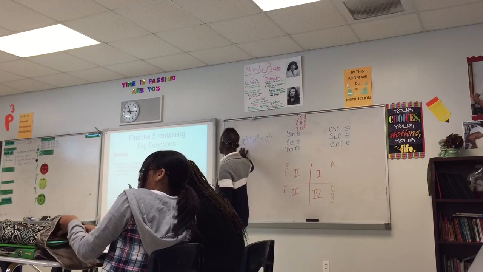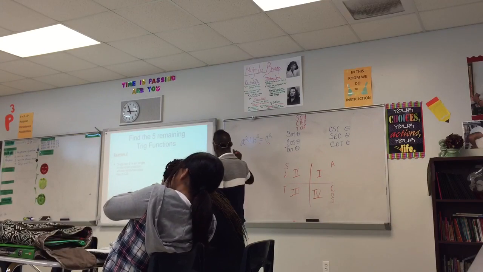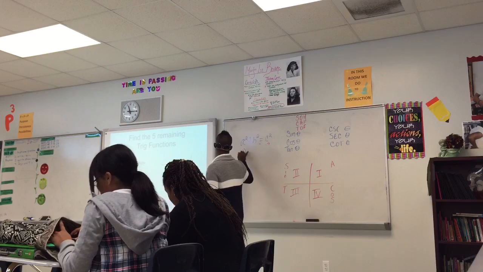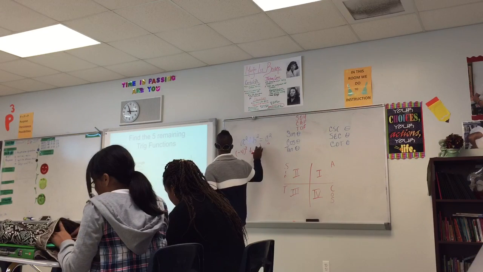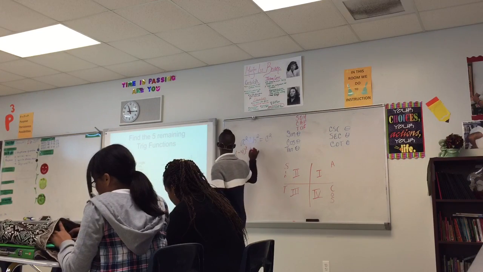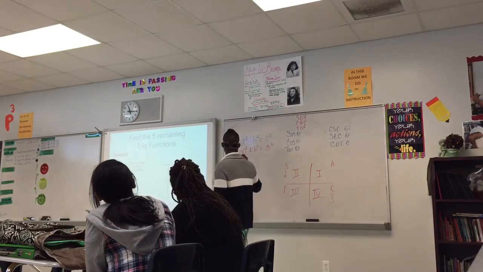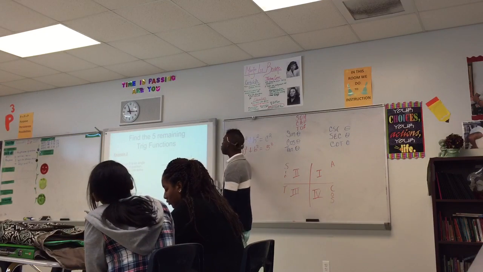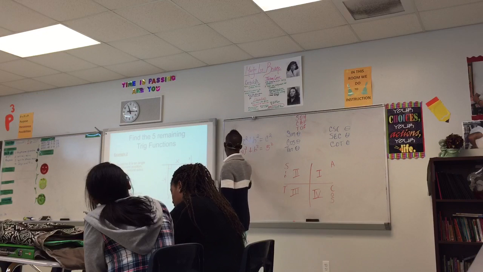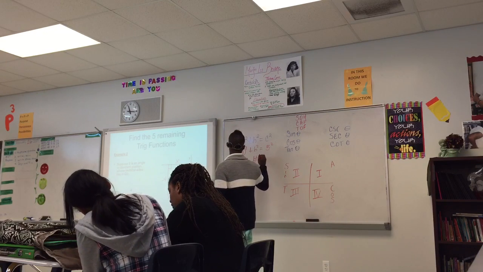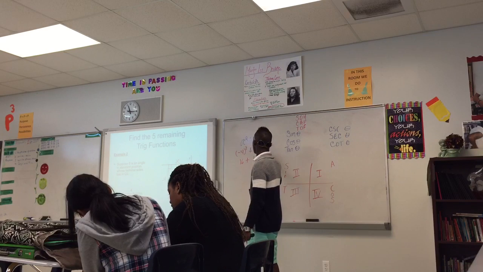So, what is A? -4 squared plus B squared equals 5 squared. What is -4 squared? 16 plus B squared equals 25.